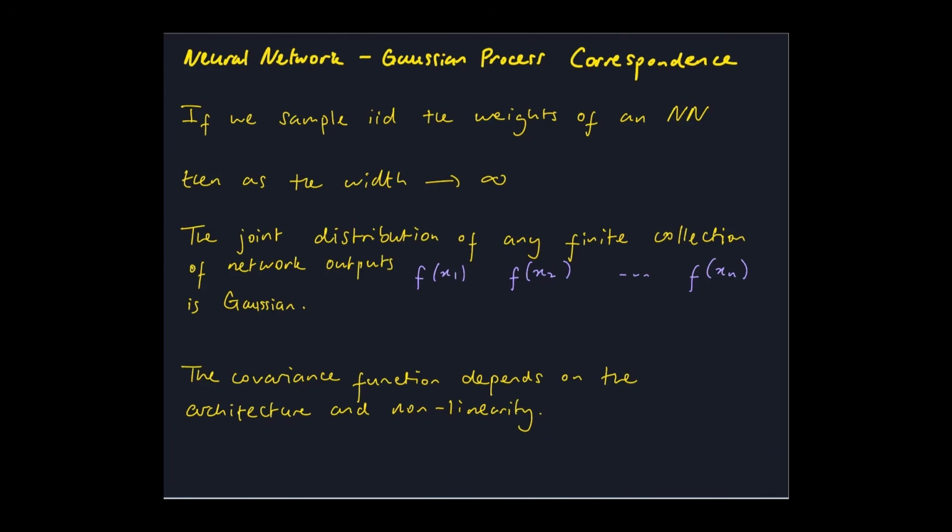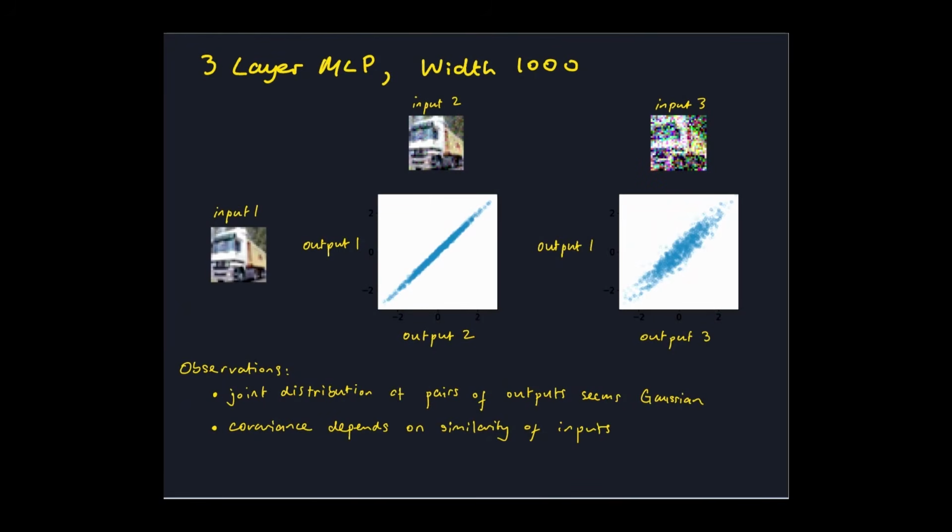Which is the definition of a Gaussian process. If for any finite collection of inputs the distribution of outputs is Gaussian, then that satisfies the definition of being a Gaussian process. And it also would explain these pictures.